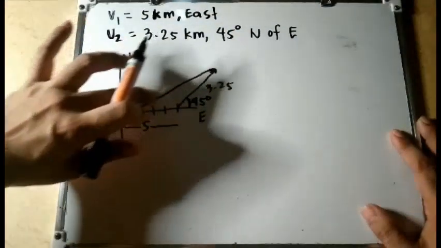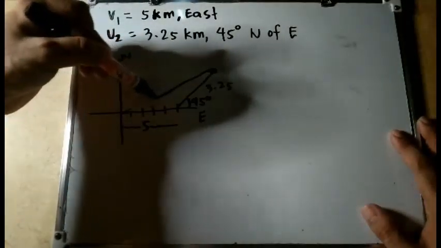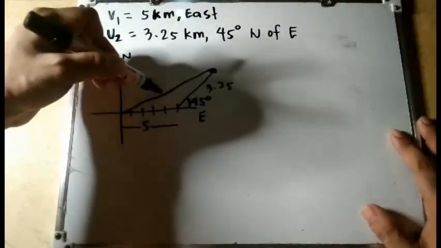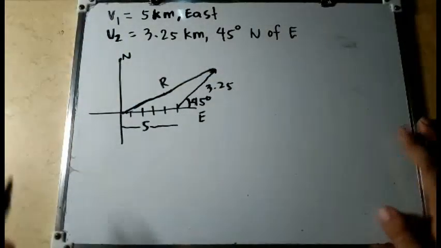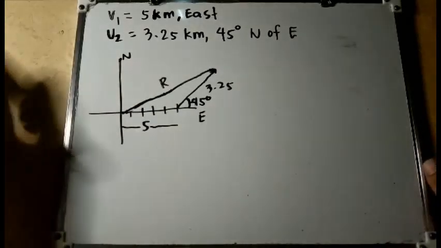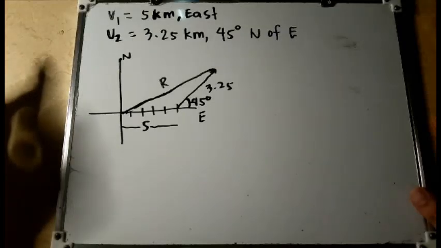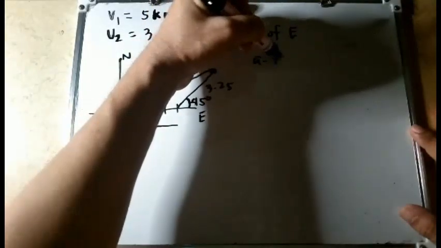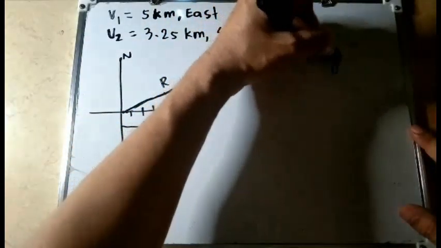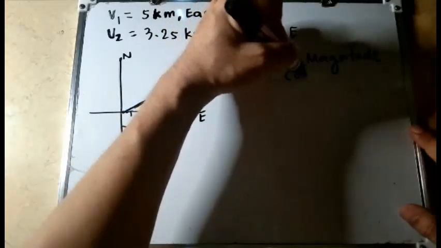Okay, mapapansin nyo, nag-form tayo ng oblique triangle dyan. So ito yung hanapin natin, resultant R. So para mahanap natin yung resultant R, gagamit tayo ng cosine law. Okay? Para dun sa magnitude. So, for magnitude, cosine law tayo, no? Cosine law.